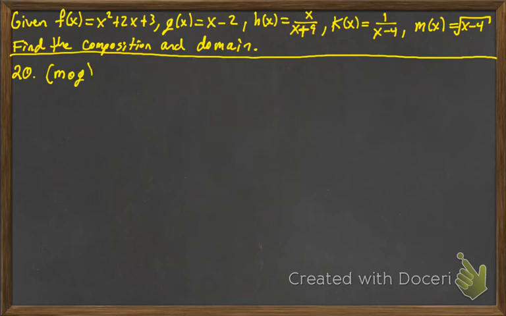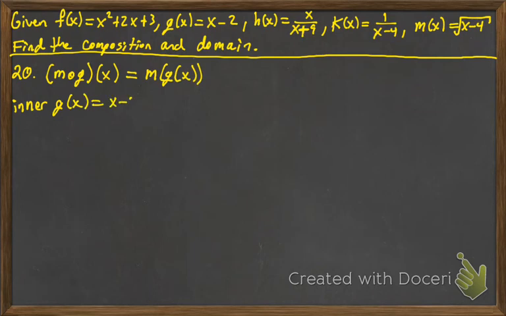This time we're going to compose m with g. So m composed with g. That will be m of g of x. g of x is going to be our inner function, which is x minus 2. No denominator, no square roots, no problems for g, so that domain is everything.